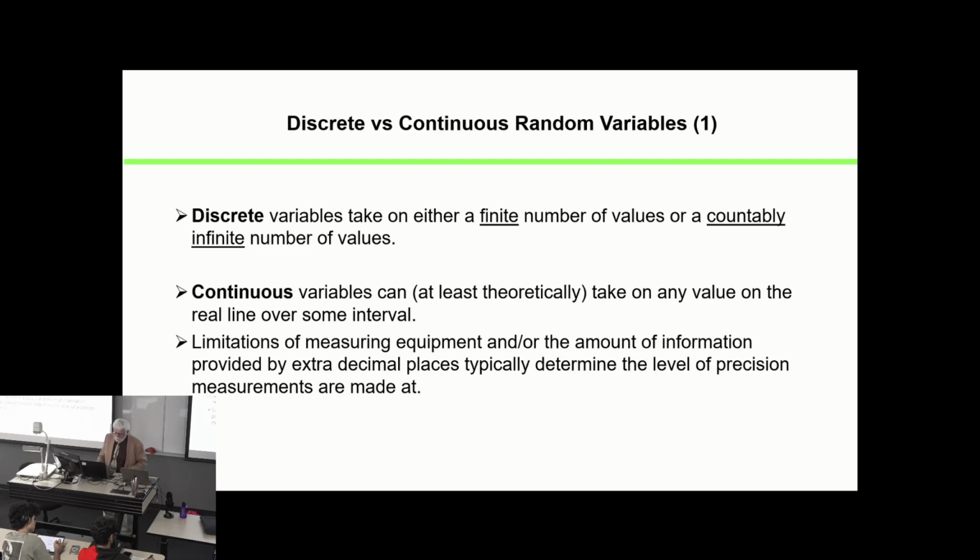We're going to look at some examples in a moment. So even though we say that, at least theoretically, they take on any value on the real line over some interval, in practice we will only measure to a certain number of decimal places, to a certain level of precision.